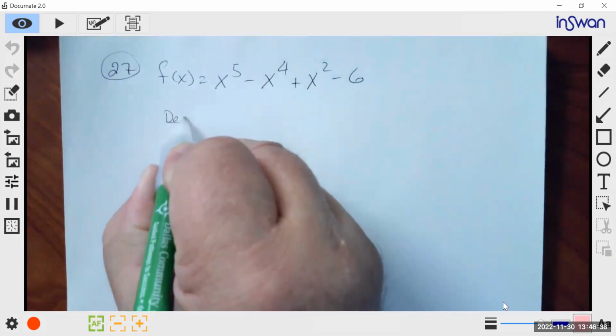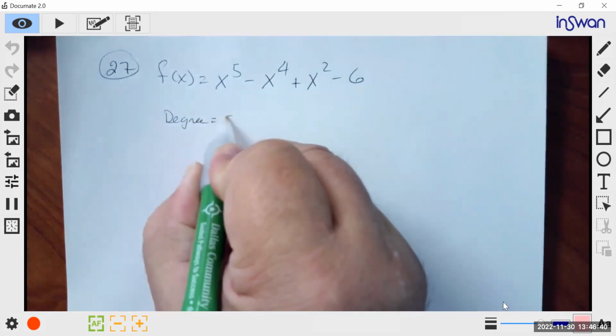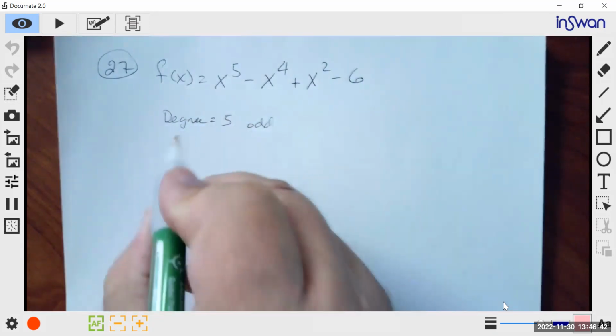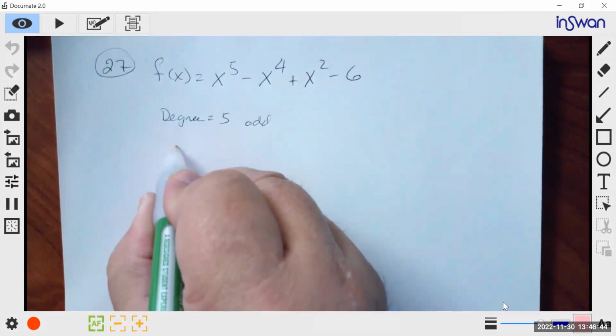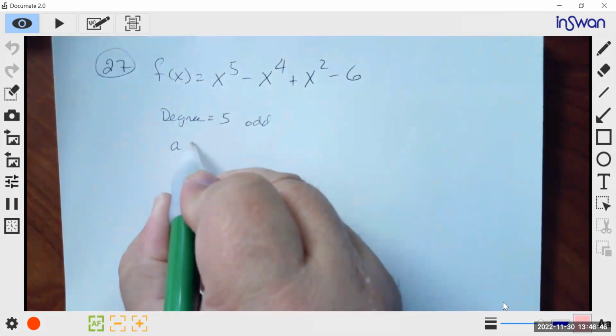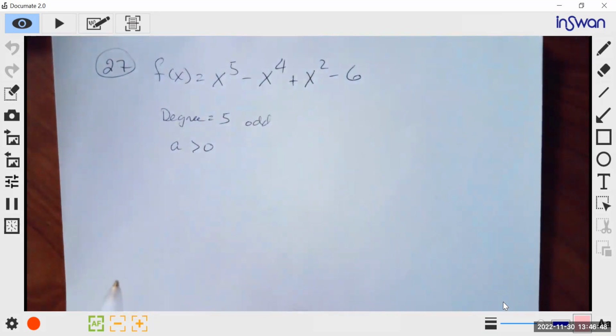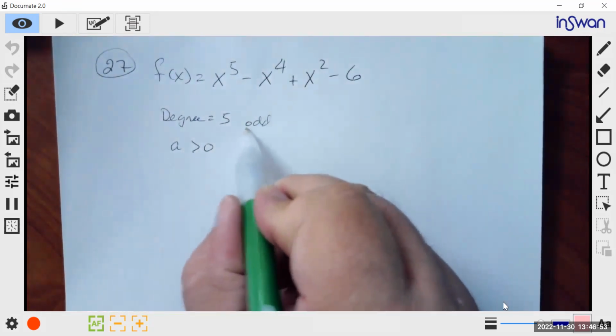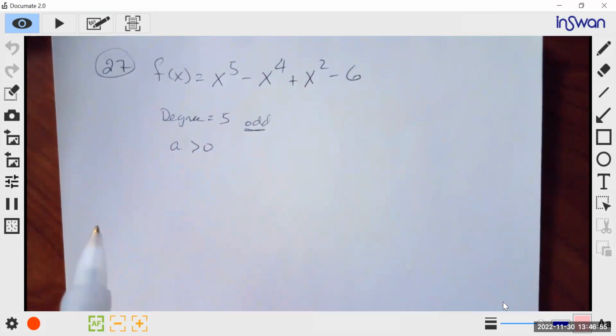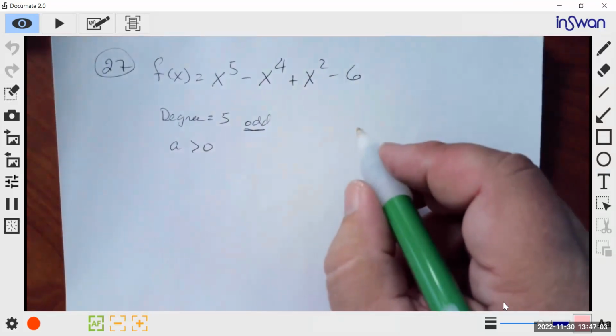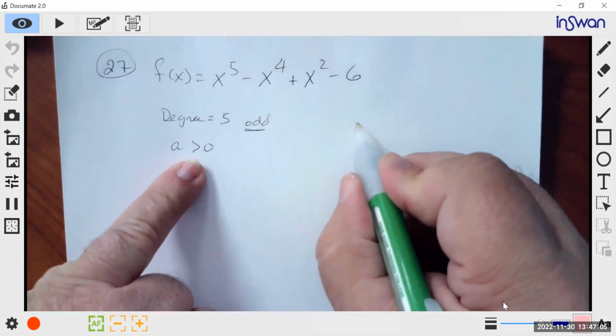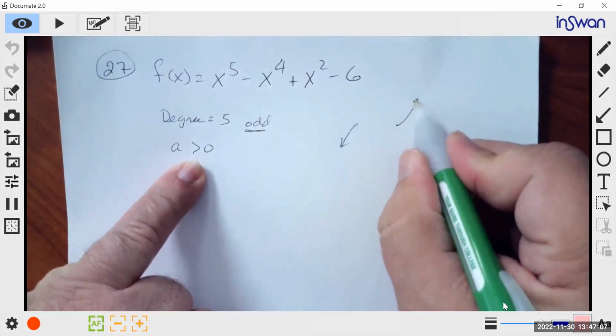The degree is odd. It's 5, which is odd. So the leading coefficient A is greater than 0. It's positive. Since it's odd, what happens to the end behavior? They go opposite directions. And since it's positive, it looks something like this.